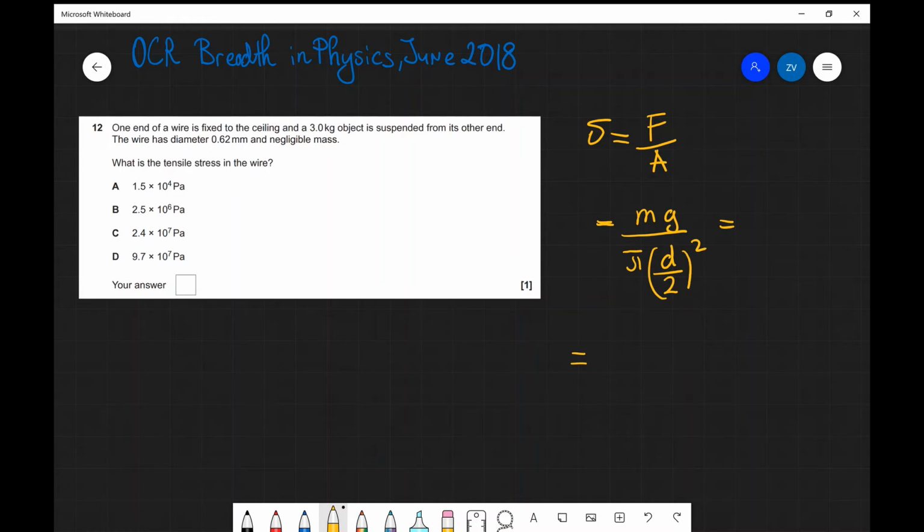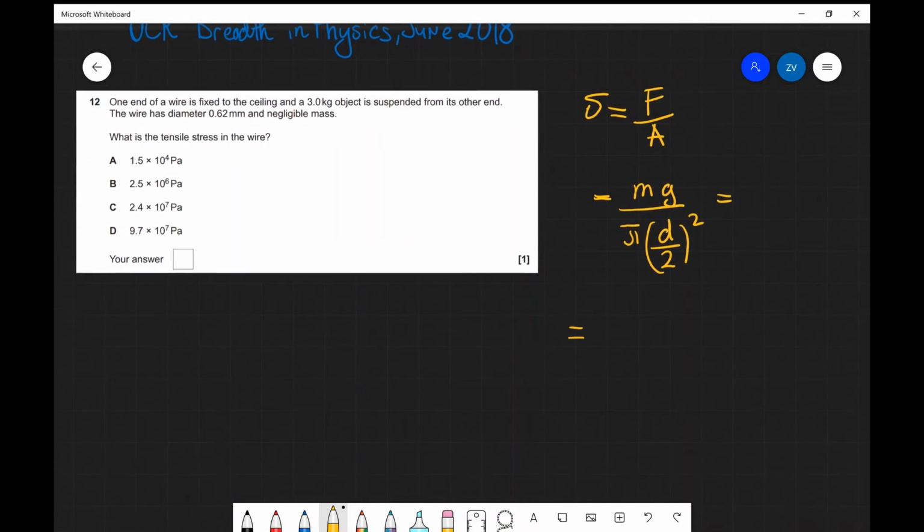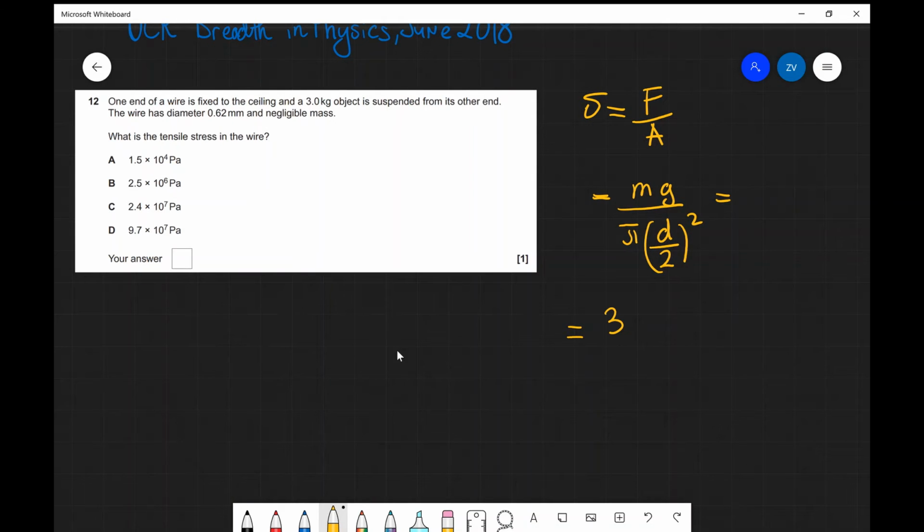Okay, well let's add in some numbers. The mass of the object is 3 kilograms. g on planet Earth is 9.81 meters per second squared, and we're going to divide that by pi. Now we have to be quite careful with the units here. The diameter is 0.62 millimeters.